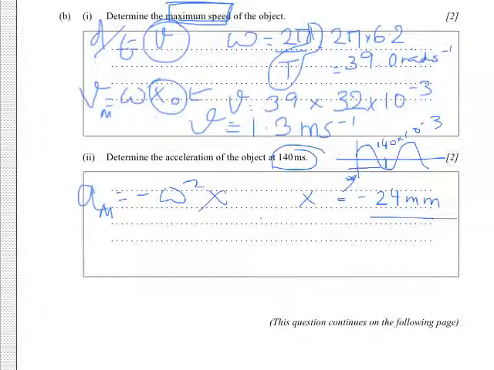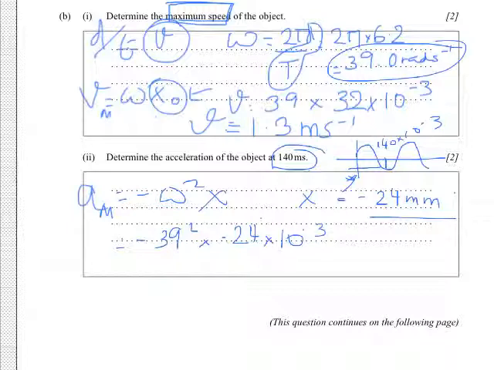Once you know that, you use your previously calculated value of angular velocity to give you minus 39 squared times minus 24 times 10 to the minus 3, always remembering the units, and you should get an acceleration of 36.5 ms to the minus 2.